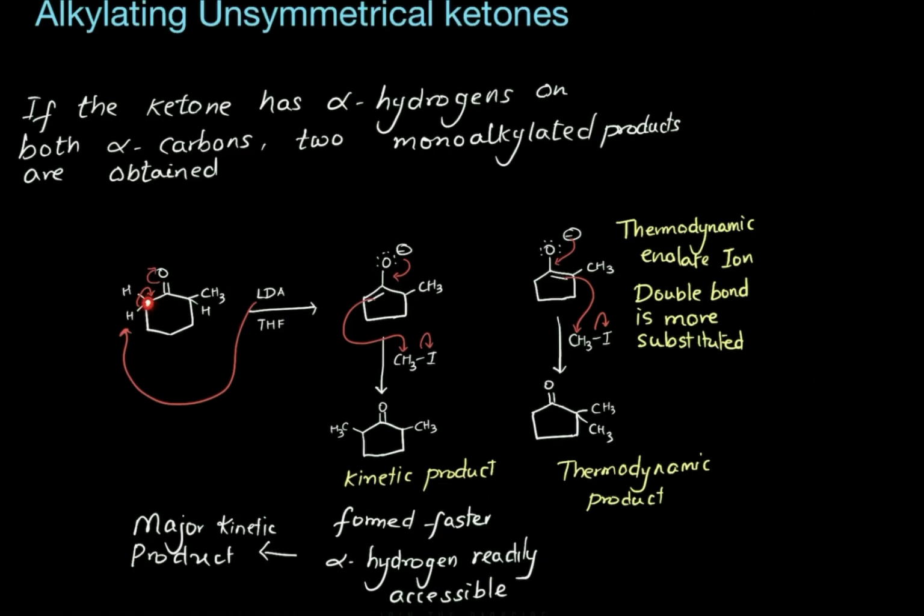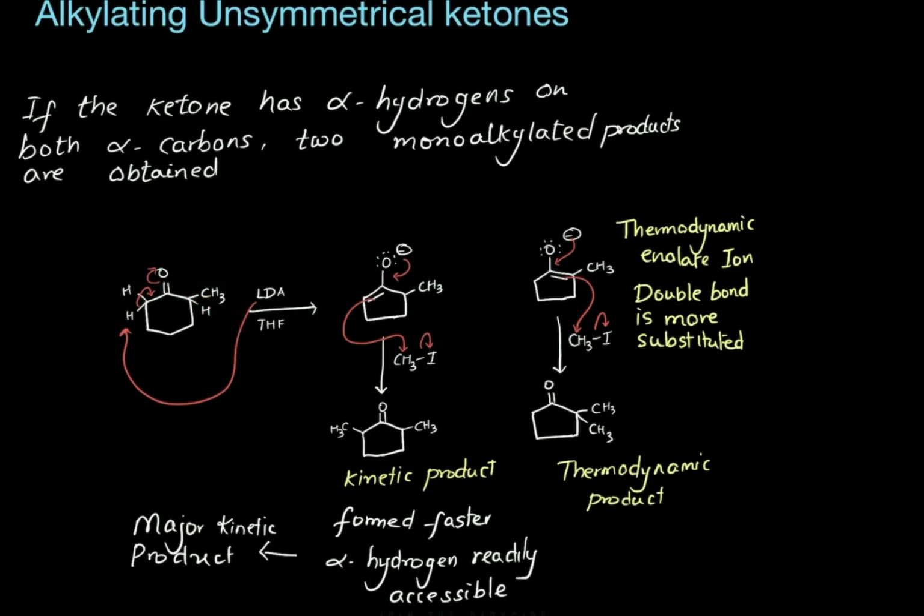This is the alpha carbon, and it has two alpha hydrogens, and this is another alpha carbon, which has one hydrogen. So which of these hydrogens is readily accessible for LDA? Obviously it is going to be these hydrogens, because here the methyl group is going to be a steric hindrance for the hydrogen abstraction.